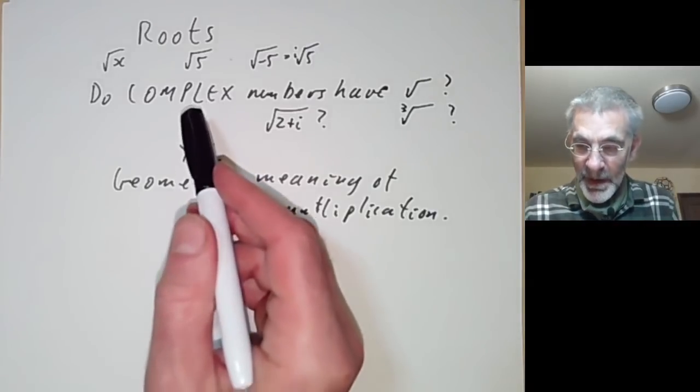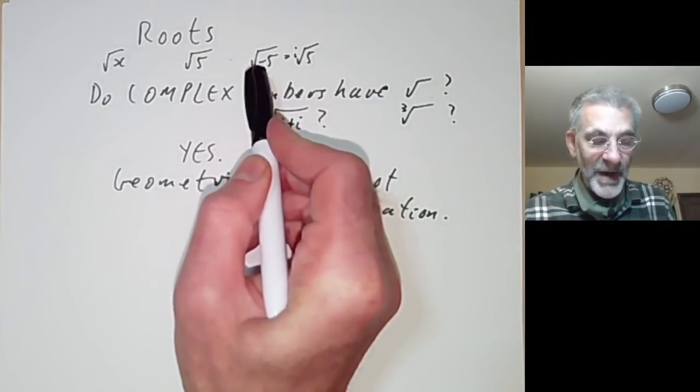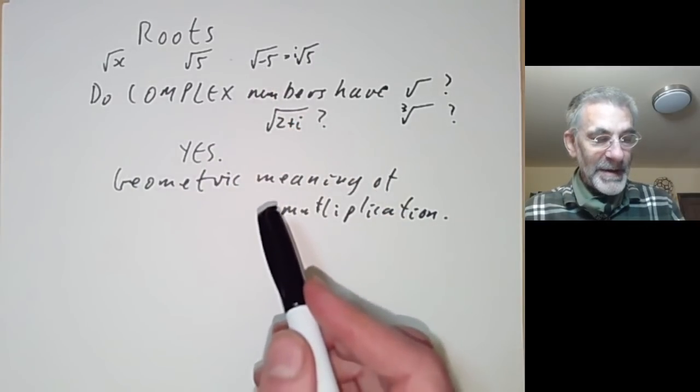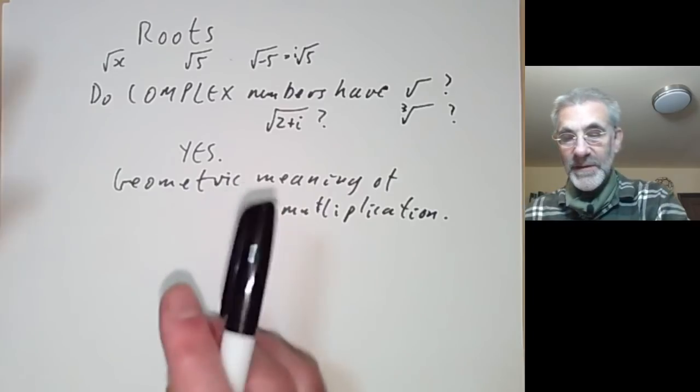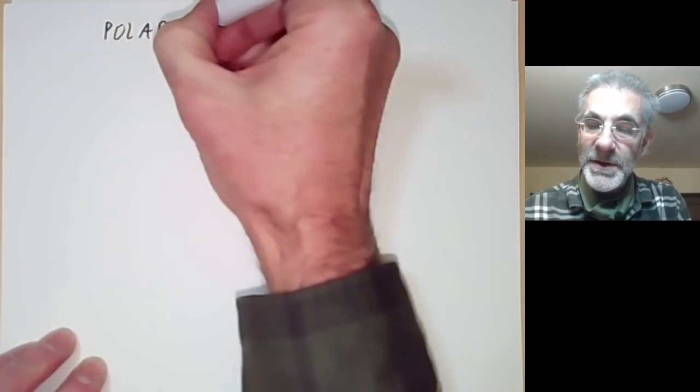So fortunately, if we start with the real numbers and add in just the square root of -1, then we'll see that we get square roots of all numbers. Now, in order to see this, we're going to express multiplication in terms of polar coordinates.